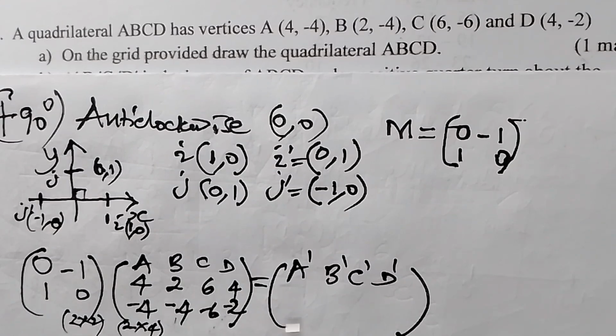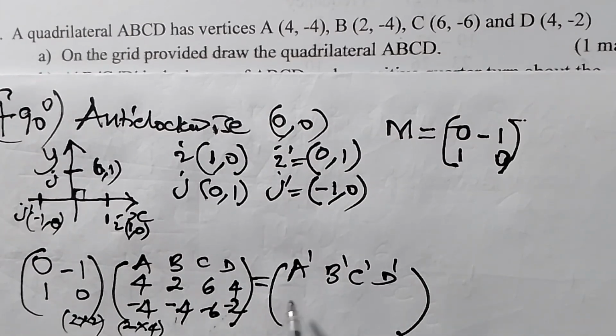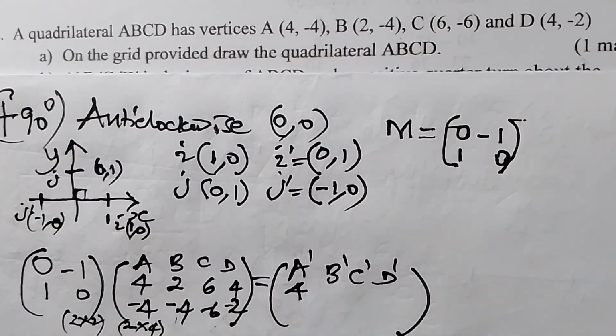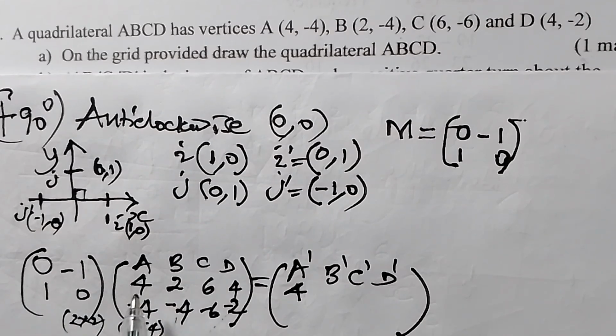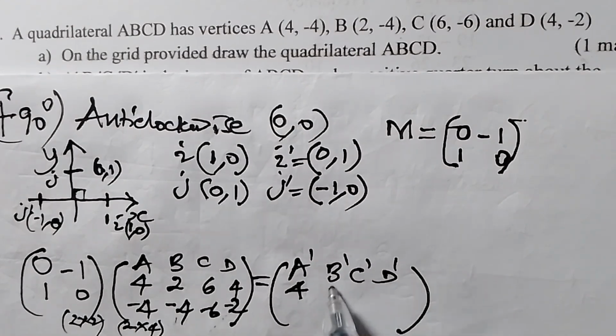Now when we multiply this, we get 0 times 4, 0, negative 1 times negative 4, 4, plus 0 gives you 4. 0 times 2, 0, negative 1 times 4, that gives you 4, 4 plus 0, that gives you 4.